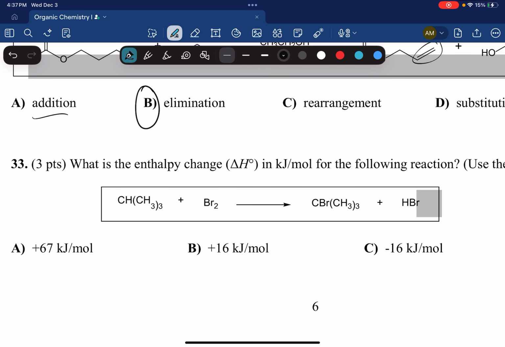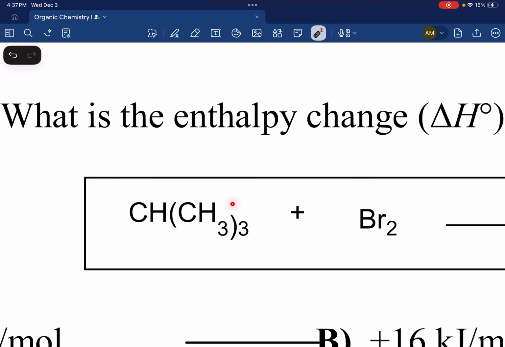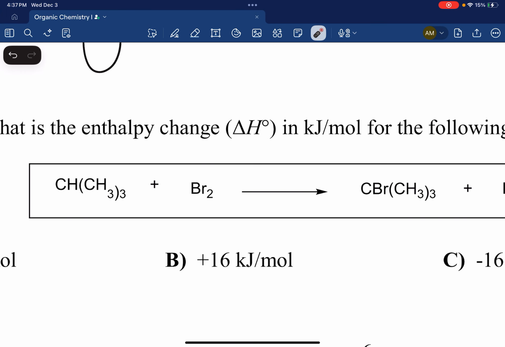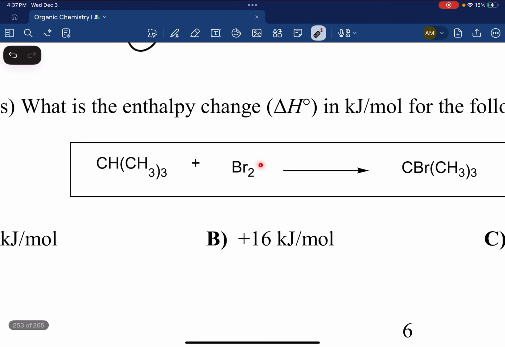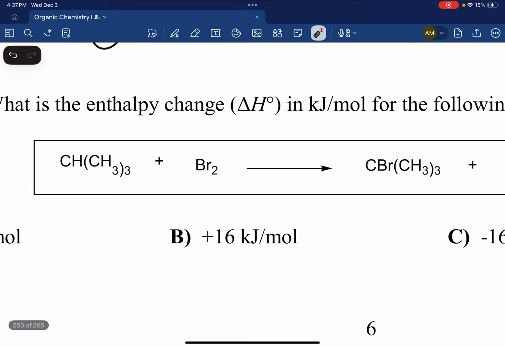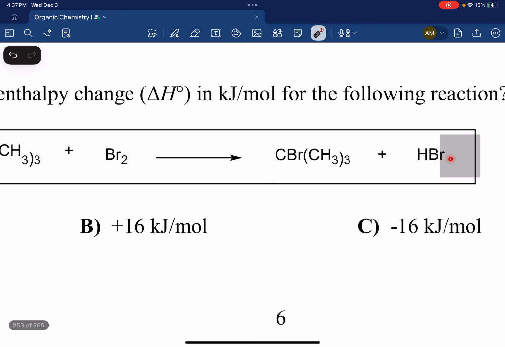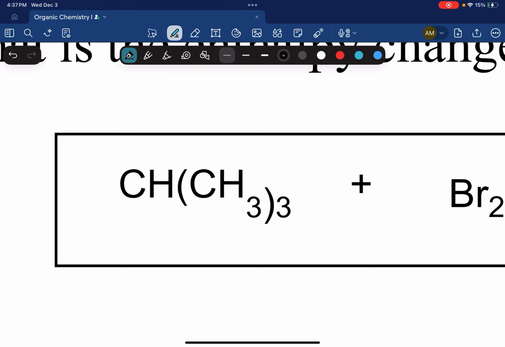We've got a CH to CH3 to a CBr CH3. That means a CH bond was broken and a CBr bond was formed. We went Br2 to HBr, meaning a bromine to bromine bond was broken and a hydrogen to bromine bond was formed.